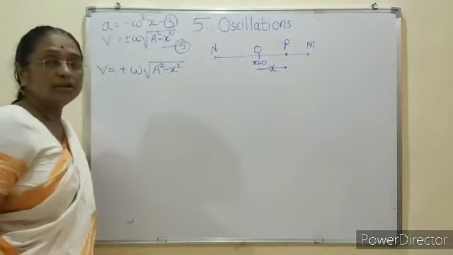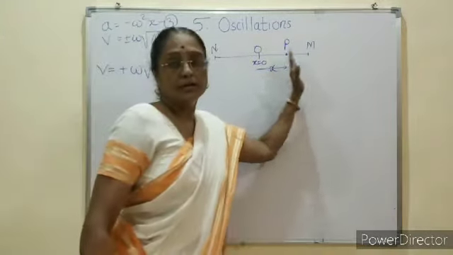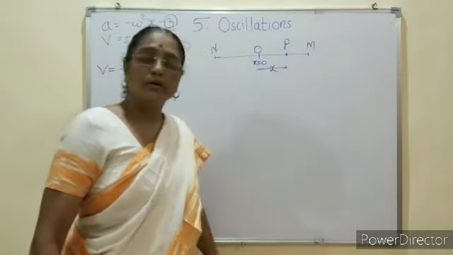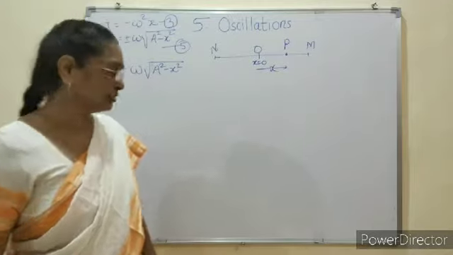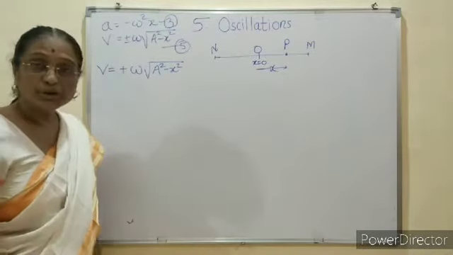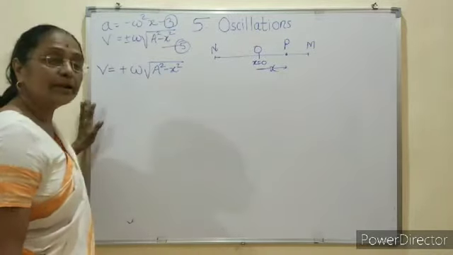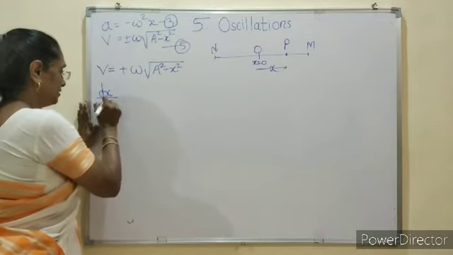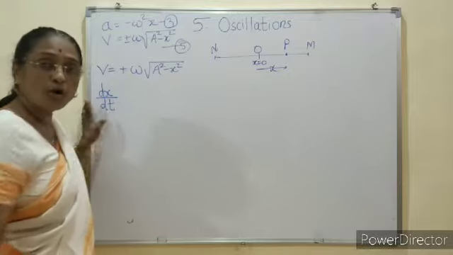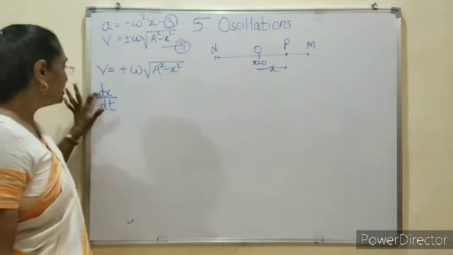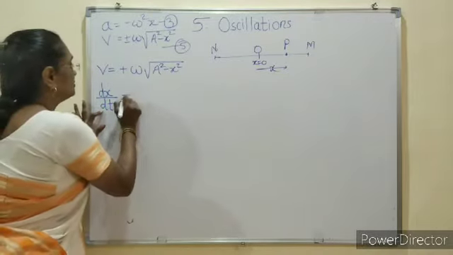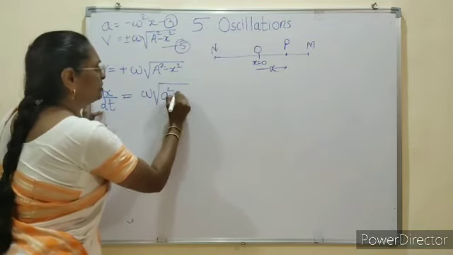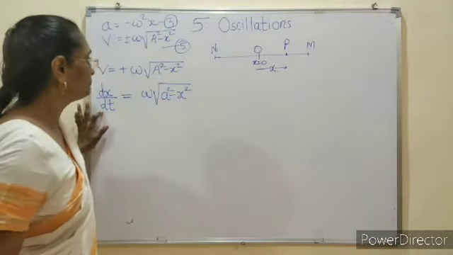Positive sign indicates that the particle is going from mean position to right extremity. Now here we have to make one adjustment, that v can be substituted as the derivative of displacement dx by dt, equal to omega under root a square minus x square.